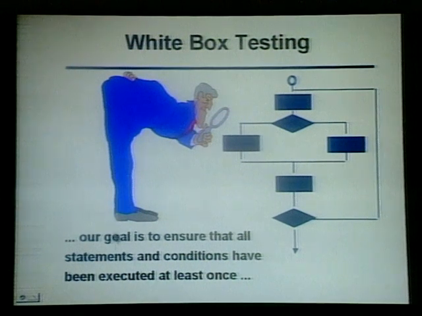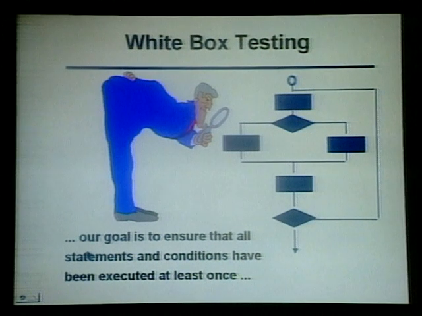So our goal is to make sure that all the statements and conditions have been executed at least once. So in Whitebox testing, tests are conducted to ensure that all internal operations are performed according to the specification, and all internal components have been adequately exercised.